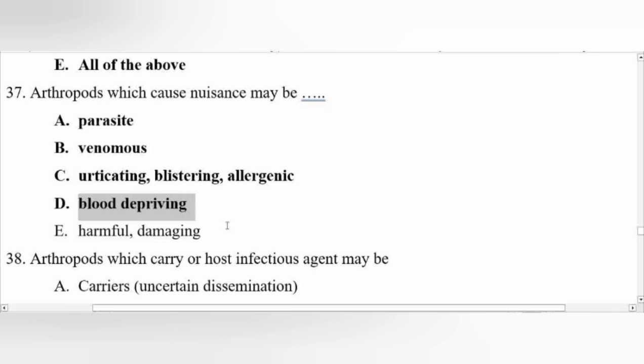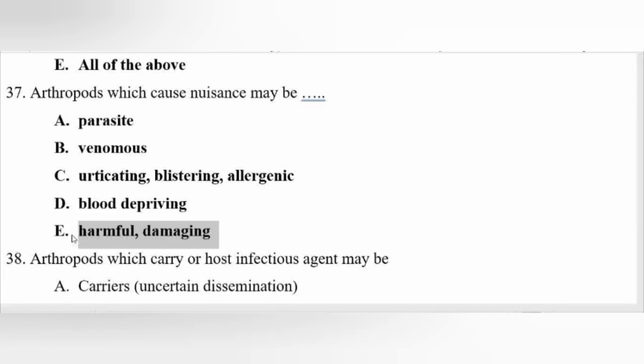Somebody can lose blood, and then again they can be harmful or damaging, causing skin damage, for example dermatosis, and things like that. For those in agriculture, the hide of some animals may be destroyed by arthropods, and because of that, it may lose its value on the market.